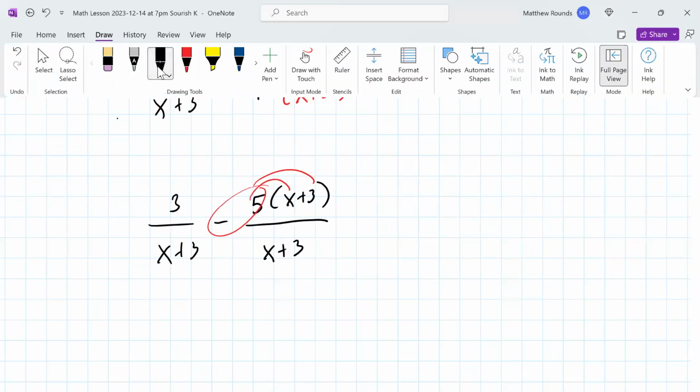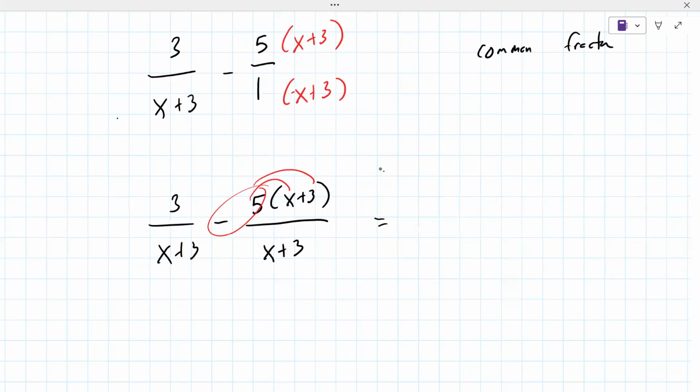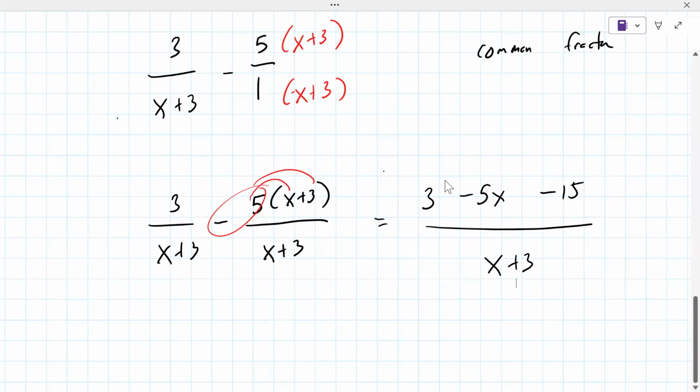Tell me what that becomes when you multiply by -5. -5 times x is -5x, and -5 times 3 is -15. Are there any like terms on the top?